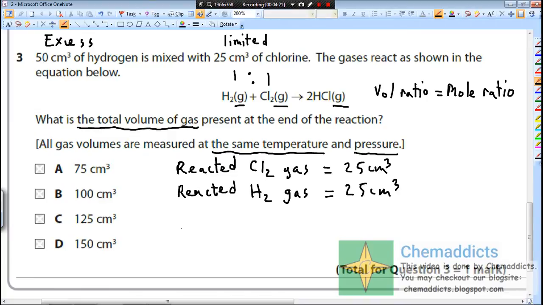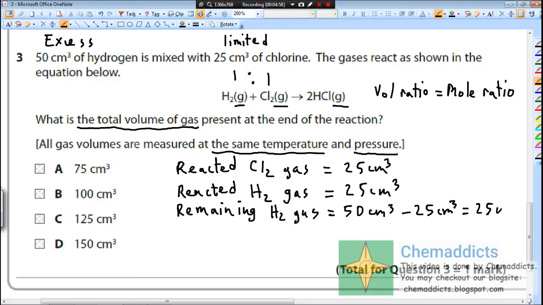Now 25 cm cube of hydrogen gas has reacted. So the remaining hydrogen gas would be 50 cm cube minus 25, the reacted amount. Okay. That would give us 25 cm cube.